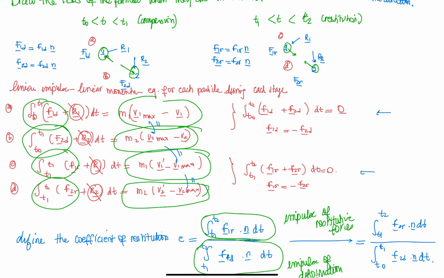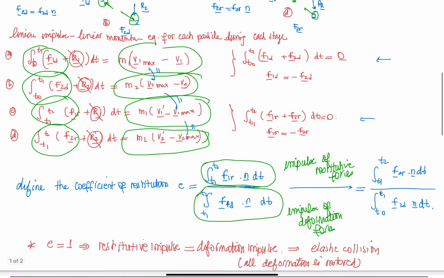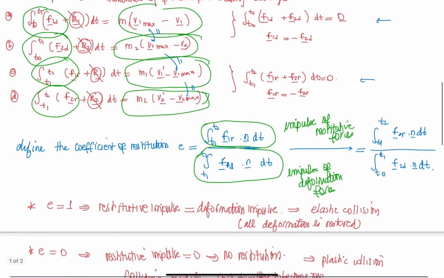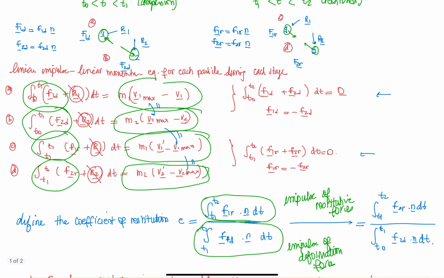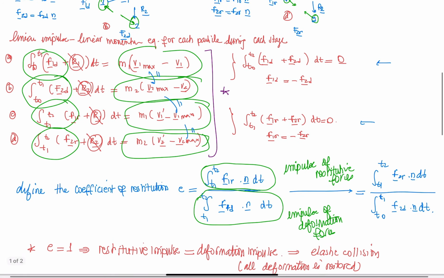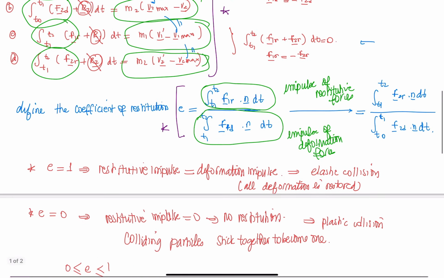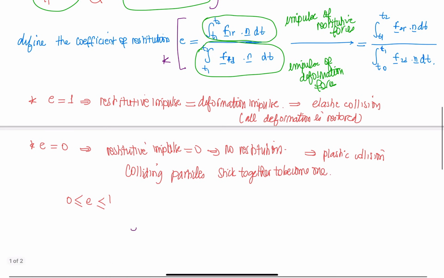So in these equations, we can get rid of v1 max. Using this set of 4 equations and this set of 2 equations, we can write the coefficient of restitution E in terms of velocities: v2 prime dot n minus v1 prime dot n.